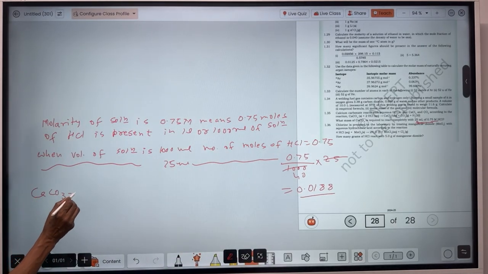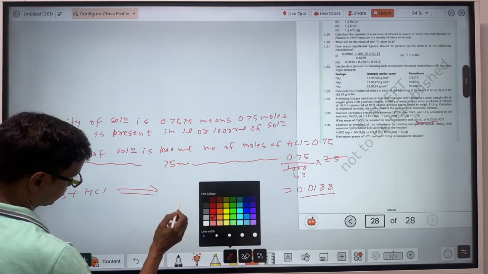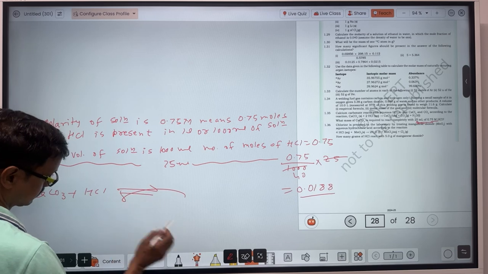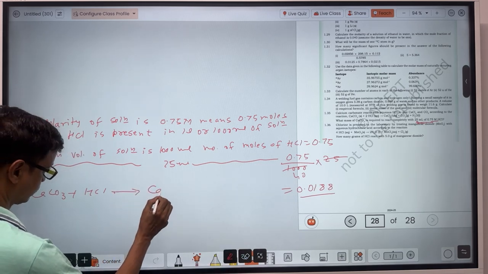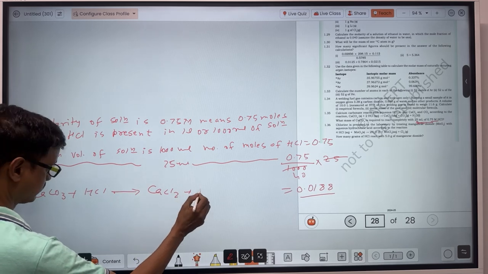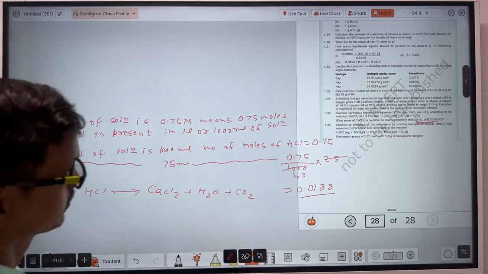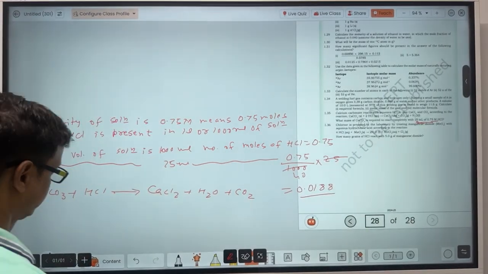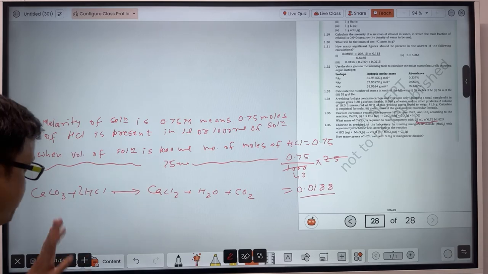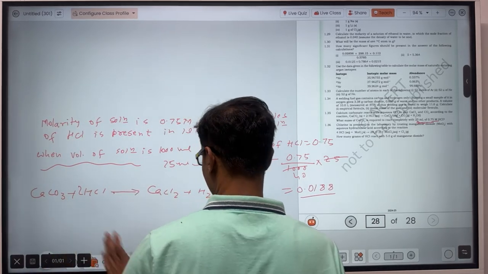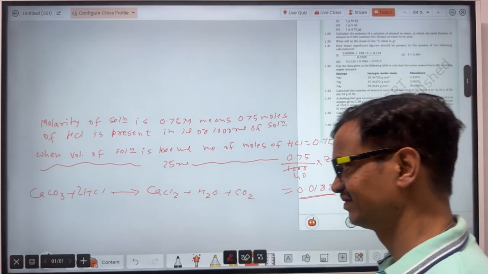So CaCO3 when react with HCl, so 2 mole HCl react with 1 mole CaCO3. So that much mole HCl will react with how much?